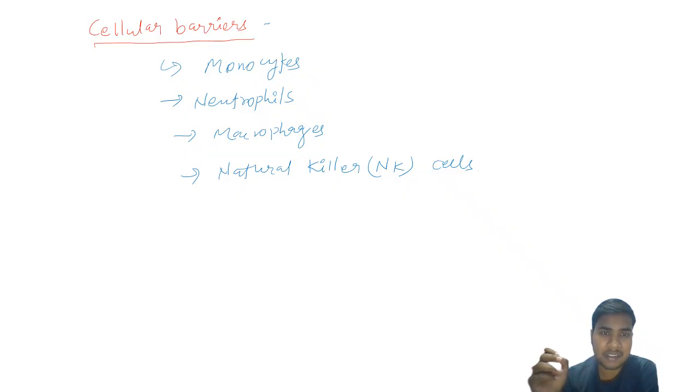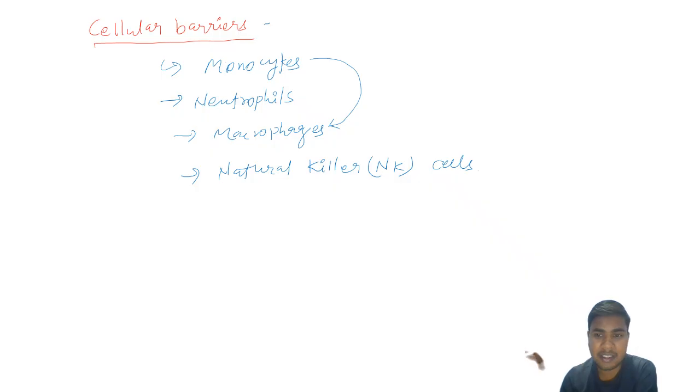So how are these cells collectively helping the innate immune response? The monocytes are the circulating blood cells. Basically, we call them leukocytes, agranulocytes, lymphocytes.